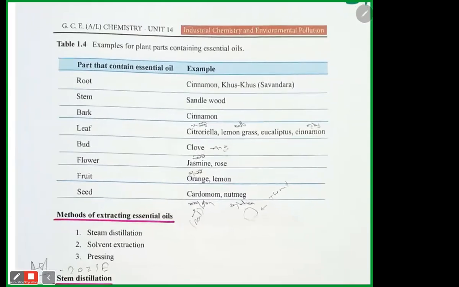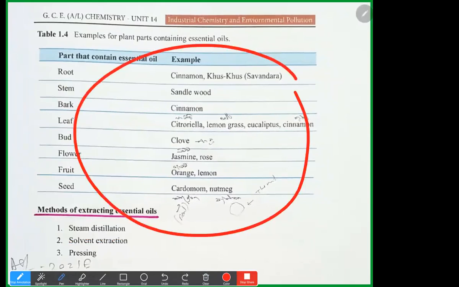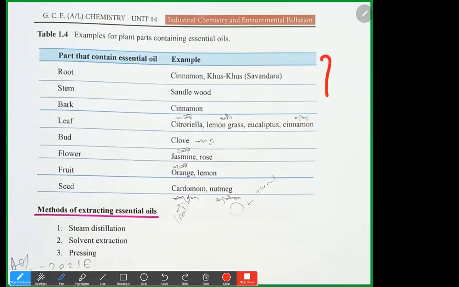Before 2019, this was out of syllabus. Between 2012 and 2019, it was inclusive to the syllabus. So whenever there are these questions that we did under organic chemistry, remember just a couple of questions. They were expecting you to remember this. Understood?